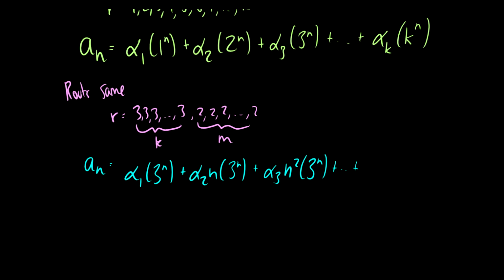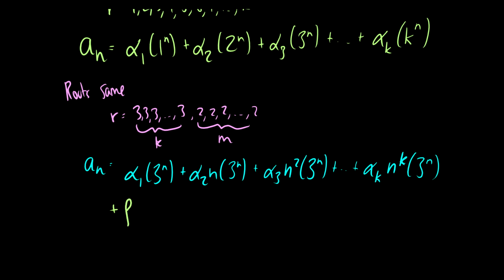And this will add all the way up to alpha k n to the k times 3 to the n. So this is 3 to the n k times, so our final term should be alpha k times n to the k times 3 to the n. And then we add up, of course, our 2's.